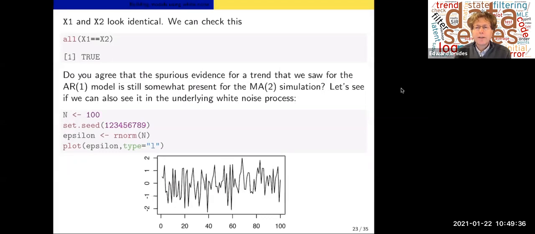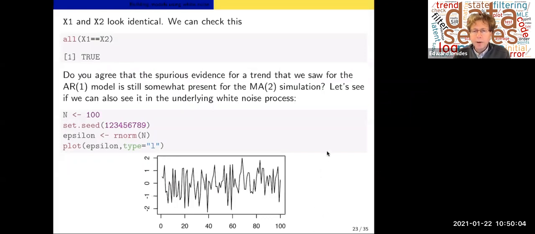So this is an example where the extra dependence from combining the white noise, either through a moving average or an AR dependence, somehow tips the balance so that you see this slightly spurious evidence for a trend.